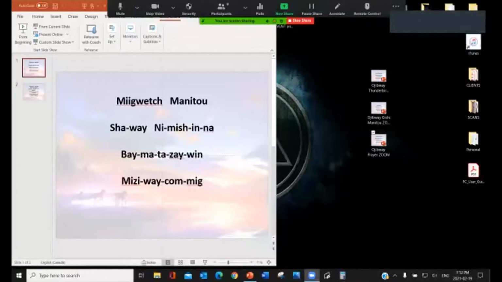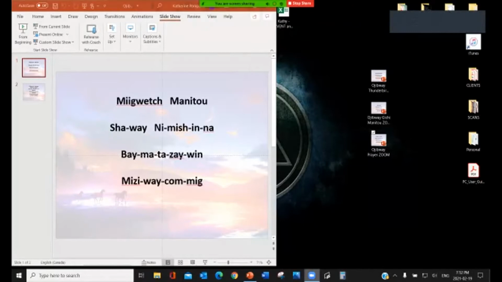Where did it go now? Where's share? Oh, there it is. Share screen. Okay. Can you all see the words again back up there? Yeah. Okay.